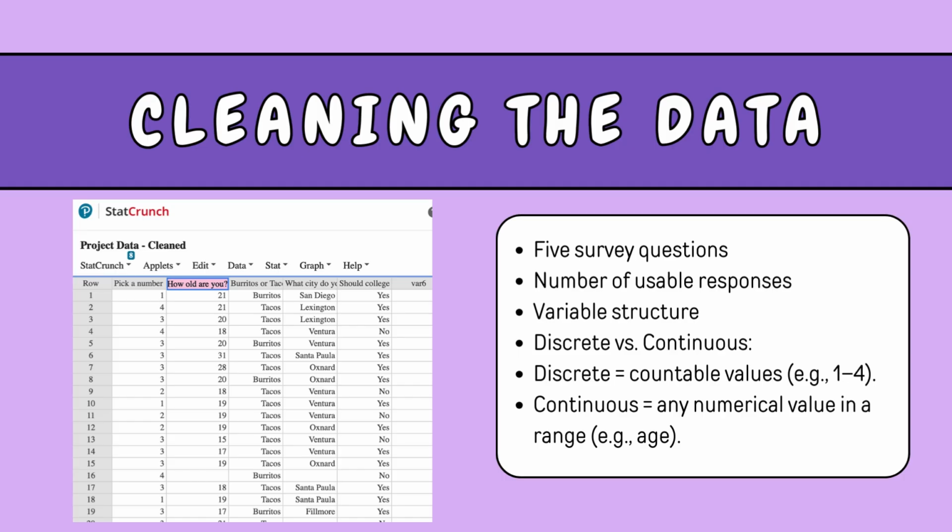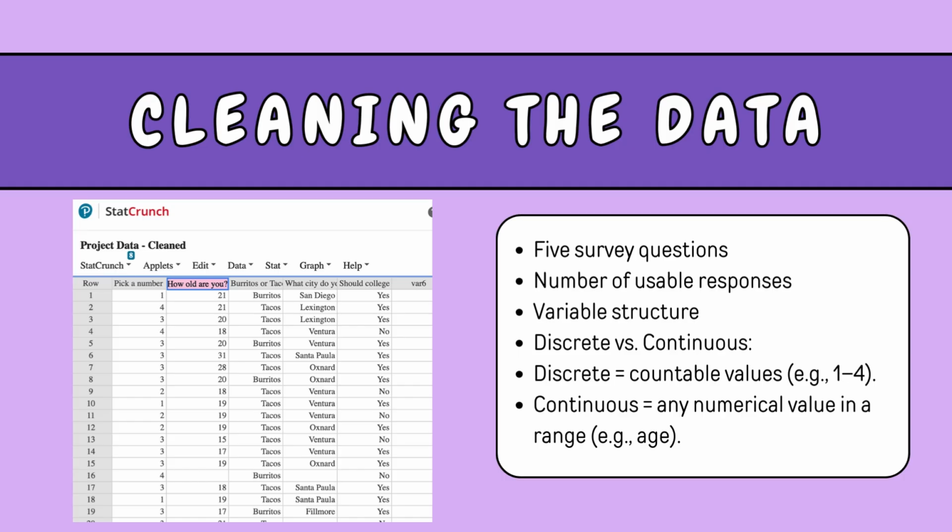Or in the written-in responses, like yes or no to 'should college be free,' sometimes different students would say yes, or yeah, or yup, and that would change the consistency of the categories. So it was my responsibility to go back and clean it up a little bit, so that when we are running analysis, it would be consistent.